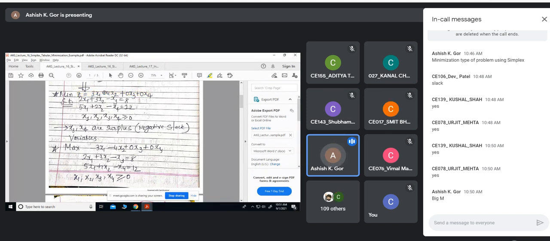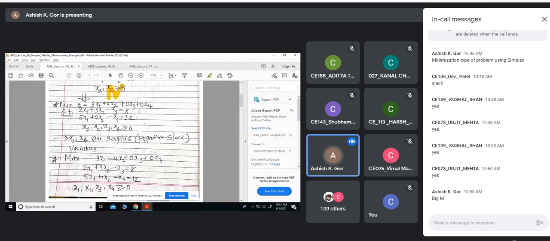Rather than solving minimization of z, I would solve maximization of minus z, which means I have to negate the sign of everything in the objective function.